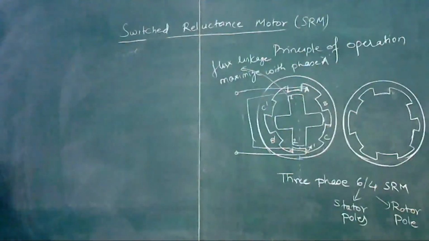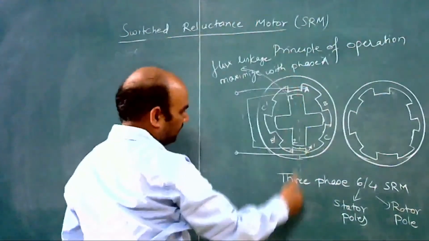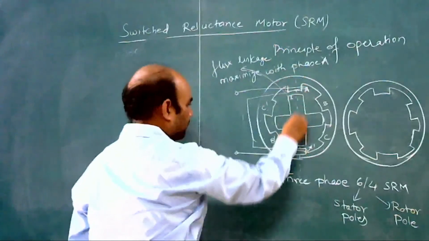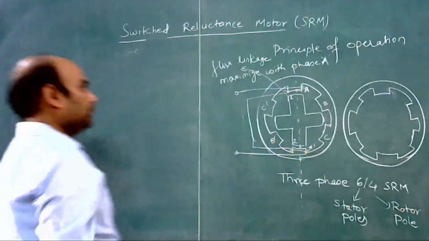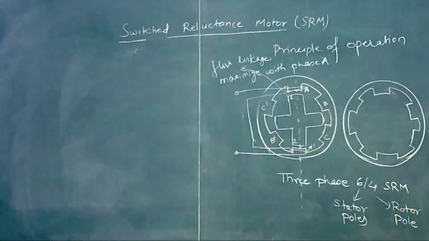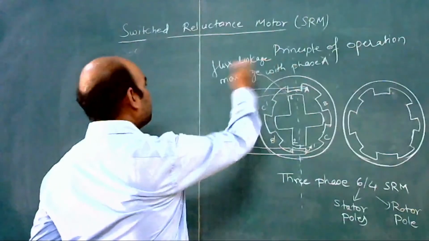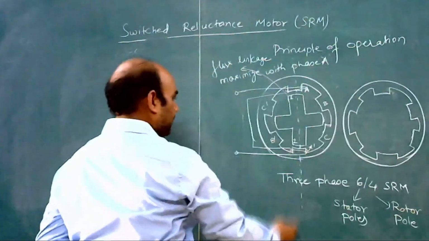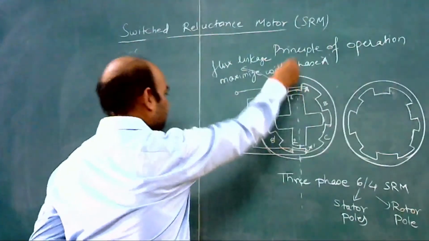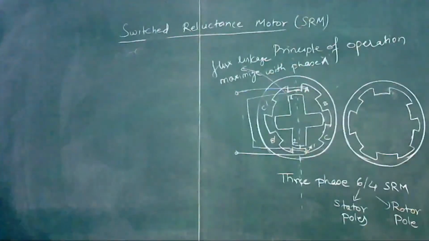So when phase A is excited, the rotor orientation is such that the flux linkage is maximum with phase A, and the rotor will come into this position.